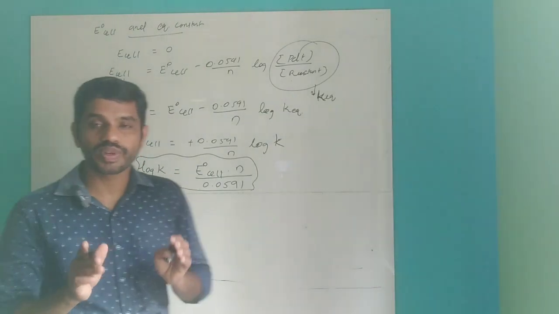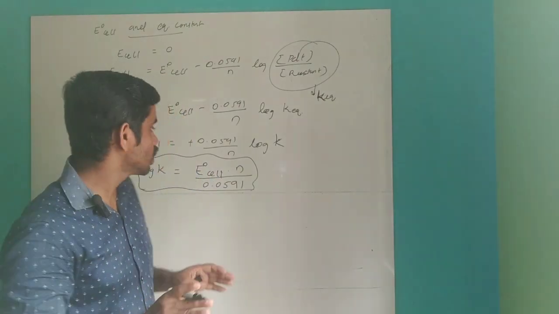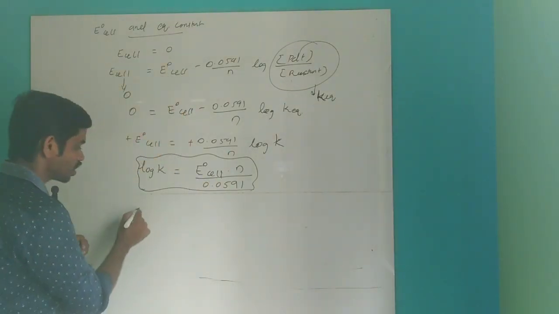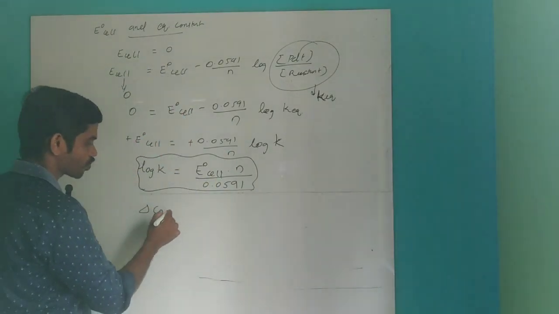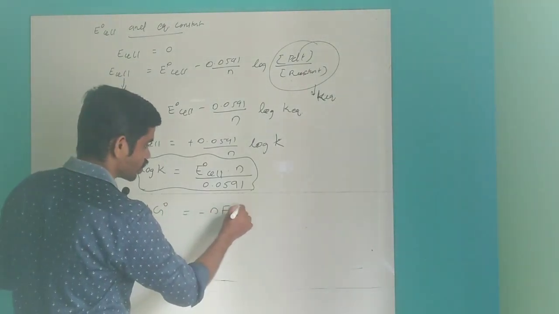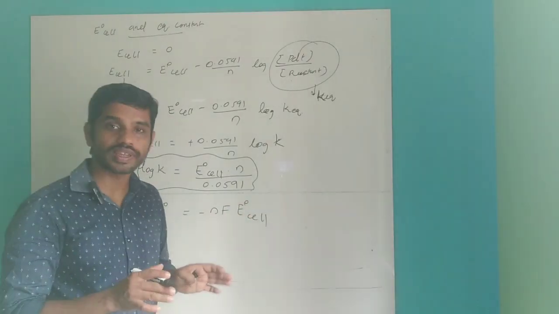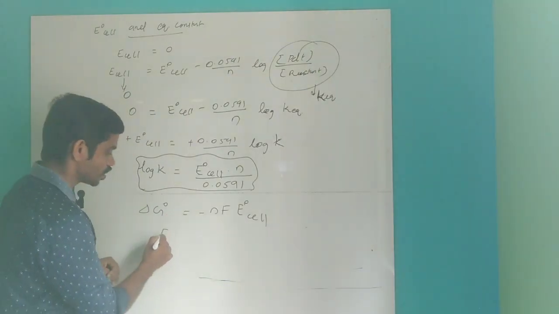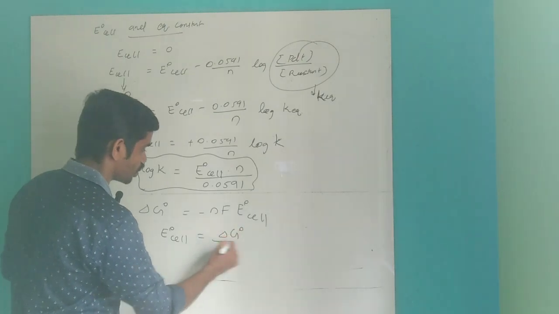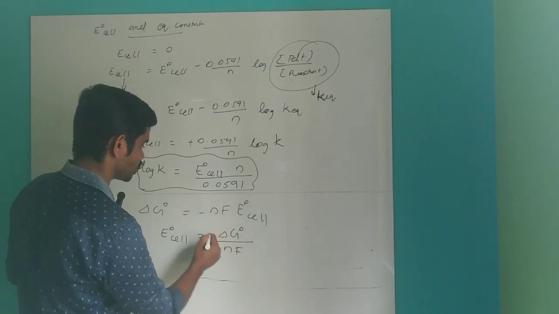Then, what is the relation between the EMF of the cell and free energy? You studied free energy, delta G. Under standard conditions, delta G0 is equal to minus nFE0 cell.